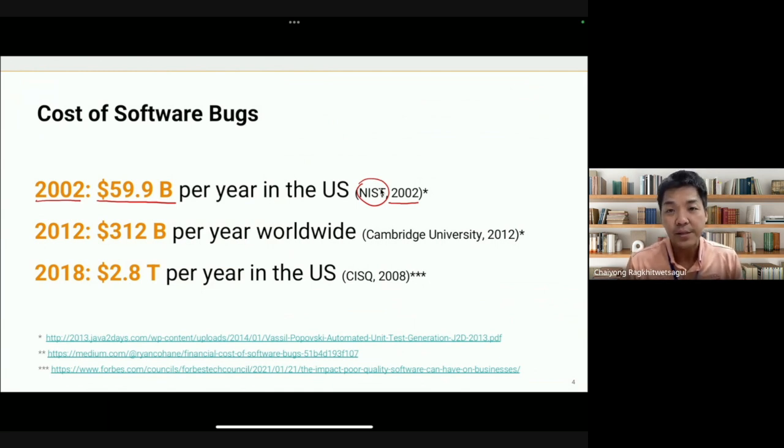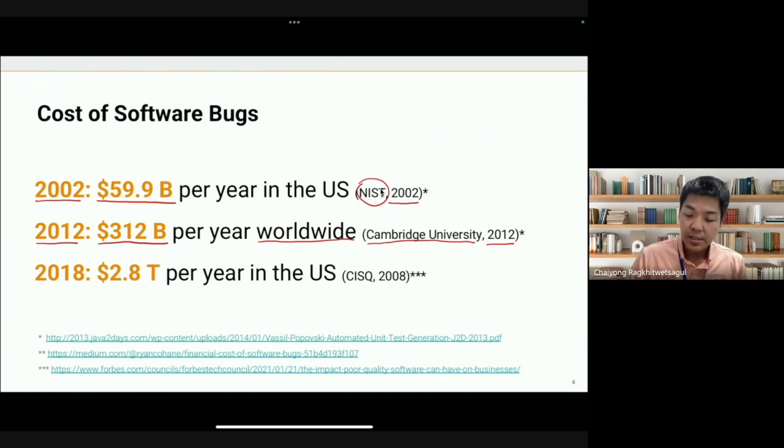That's only in the US, which is a huge amount of cost, right? The second study was done in 2012 by Cambridge University, and this is a study for the whole world. Cambridge University studied the cost of software bugs worldwide, and found that it was $312 billion.